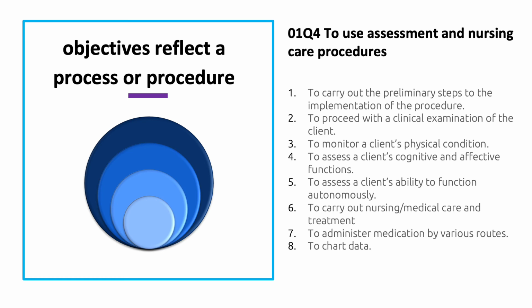Here's a last example of a nursing competency, to use assessment and nursing care procedures. The nurse must perform an assessment of a client, provide appropriate care, and chart the data.